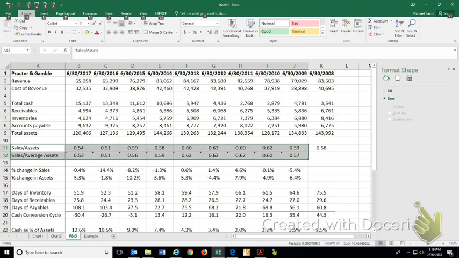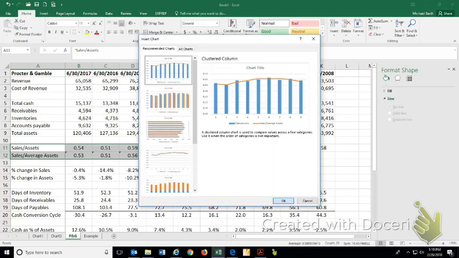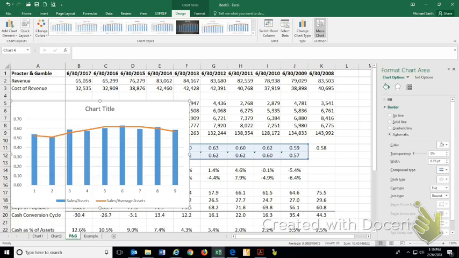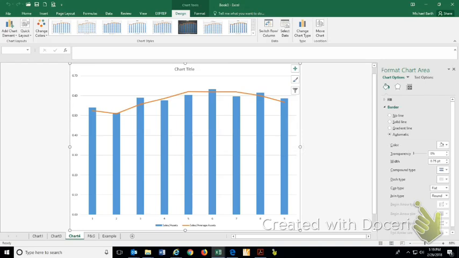If we were to graph this, sales over assets versus sales over average assets, there isn't a whole lot of difference. I think that the sales over assets gives you a better idea of ebbs and flows in there, but really it's showing you the same thing that the sales over average assets is showing.